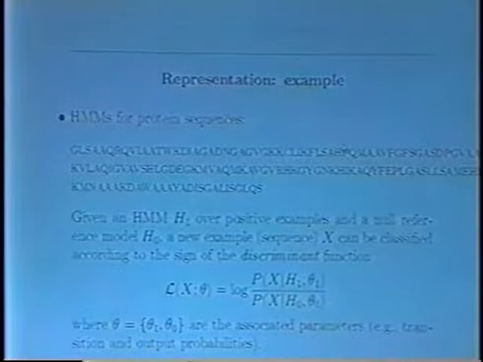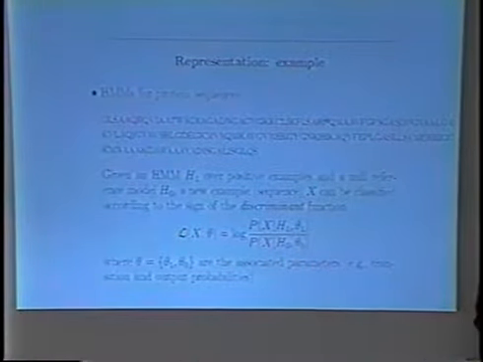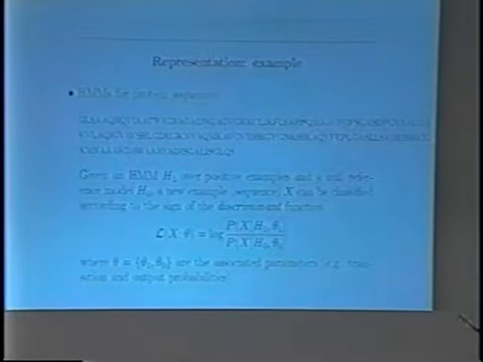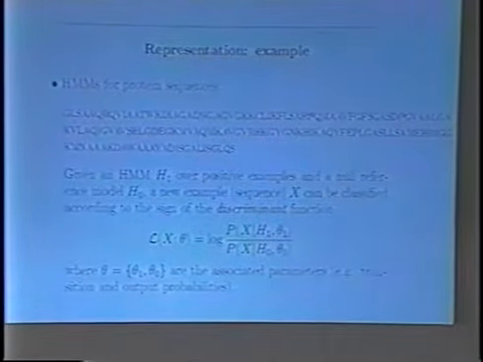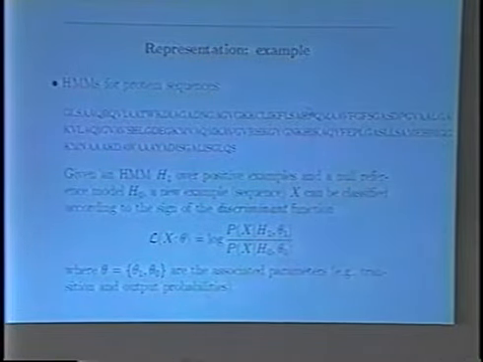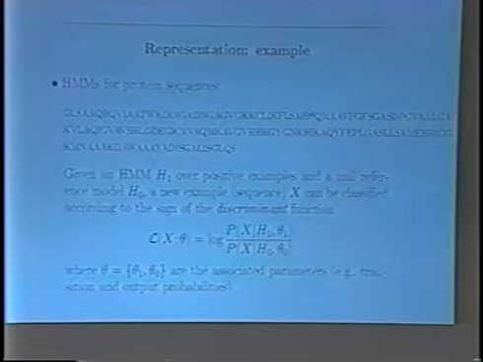Okay, so about the representations. Here's, again, one of those protein sequences, a sequence of letters, and we can certainly imagine estimating a hidden Markov model over such sequences. They're variable length, so that's no problem with hidden Markov models.